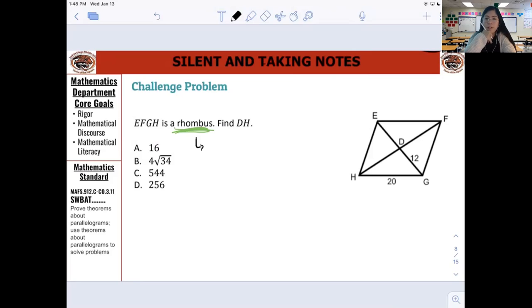Just anything about a rhombus, and then we'll see what will actually help us. Diagonals are perpendicular. Good. What else?